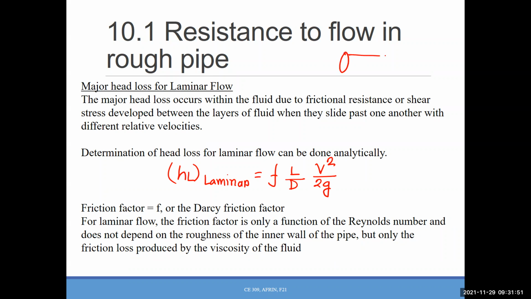And if that is a circular pipe, what is L? What is L? Length of the pipe.